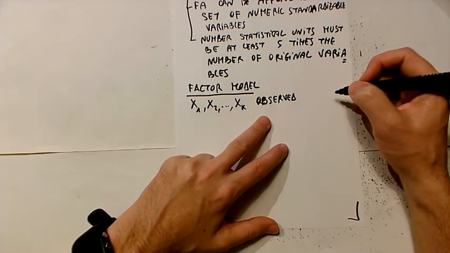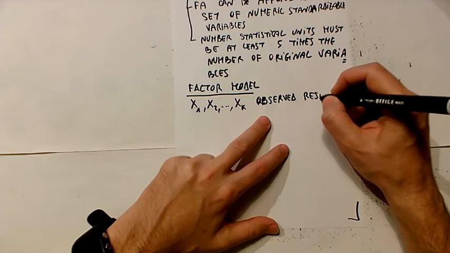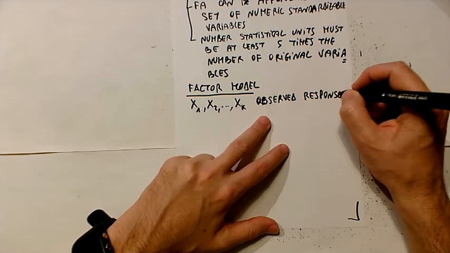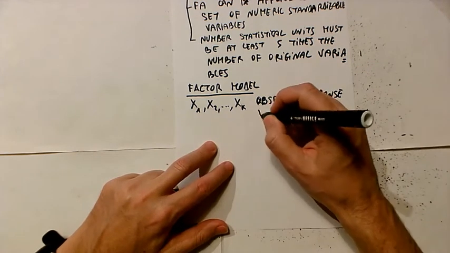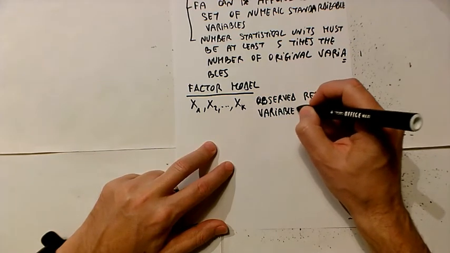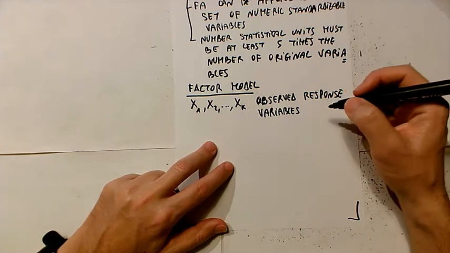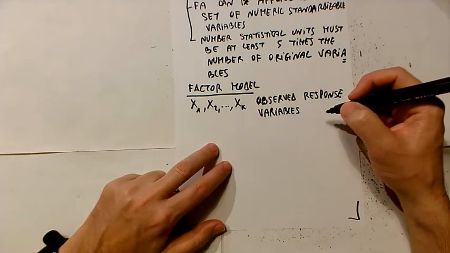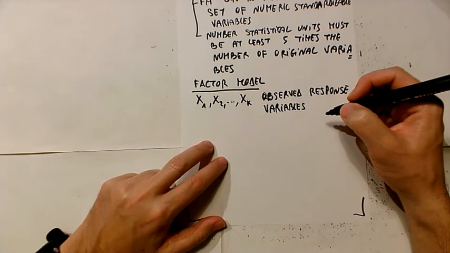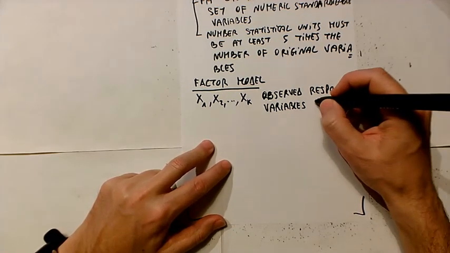So x1, x2, xk are observed response variables. And these variables are characterized by these properties.